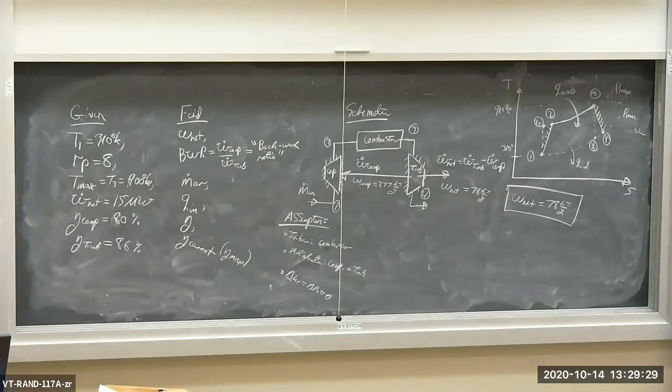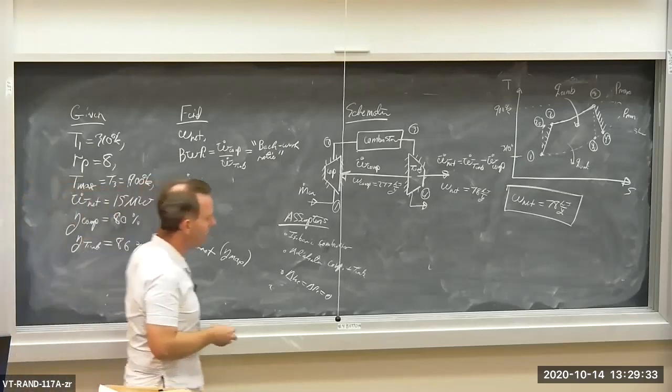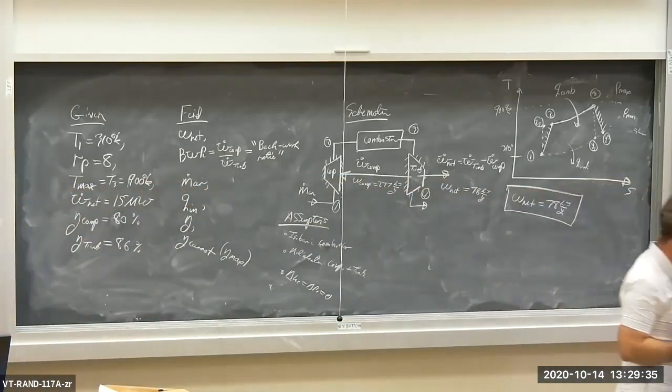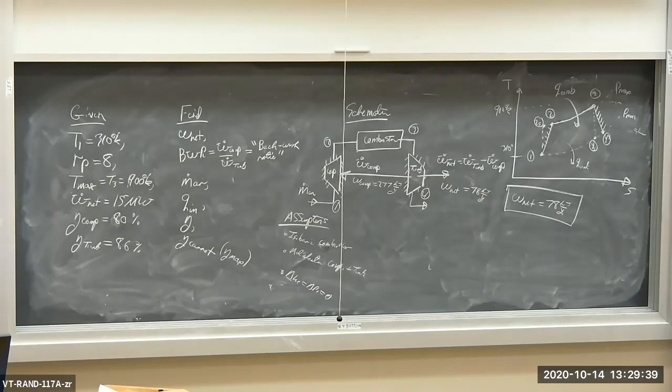Okay, let's calculate this thing called the backwork ratio. The backwork ratio gives you an idea of how much power is required to run the compressor compared to the power produced by the turbine.